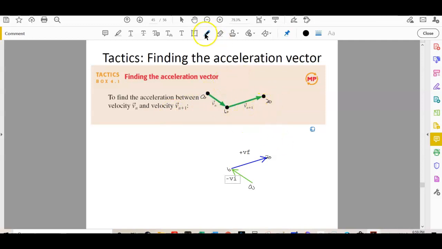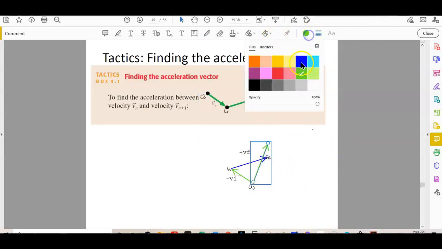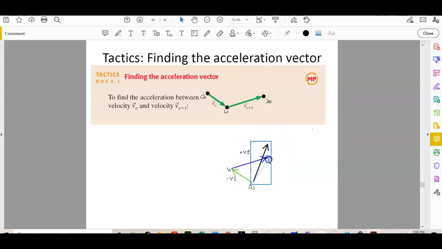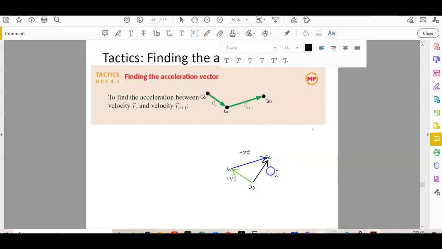And so the resultant vector of this vector subtraction, which I'm going to draw in black, is delta v. And that is delta v, which is equal to the acceleration vector times delta t.